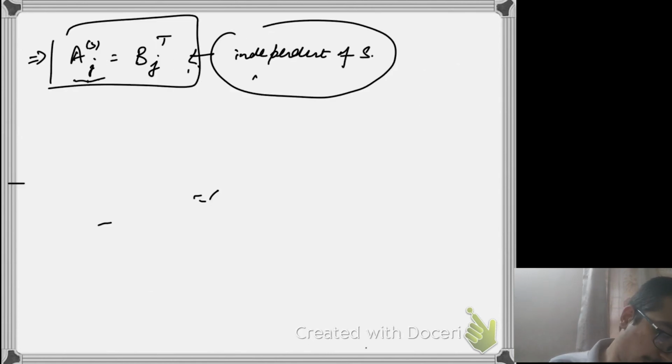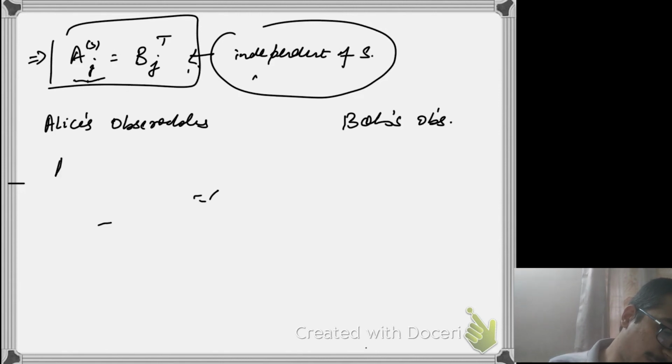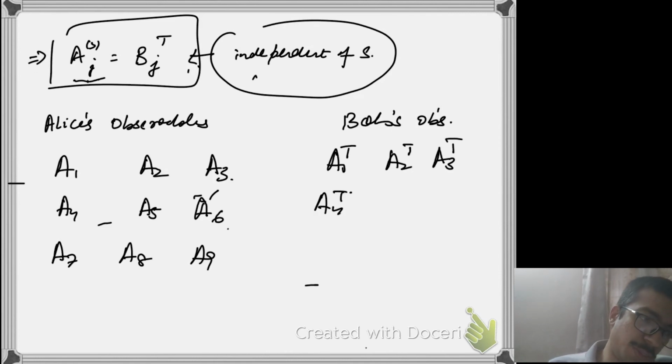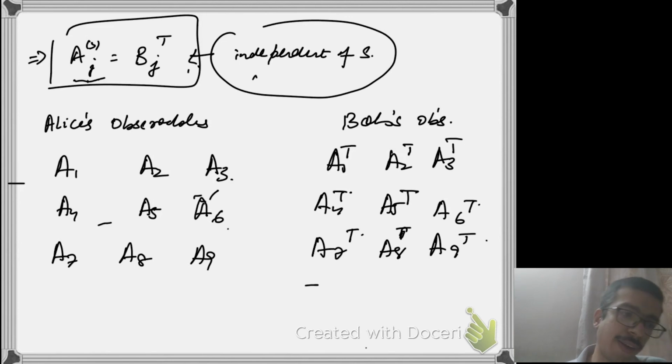Let me write it again. Alice's observables are A1 through A9, and Bob's observables are A1 transpose, A2 transpose, A3 transpose, A4 transpose, A5 transpose, A6 transpose, A7 transpose, A8 transpose, A9 transpose.